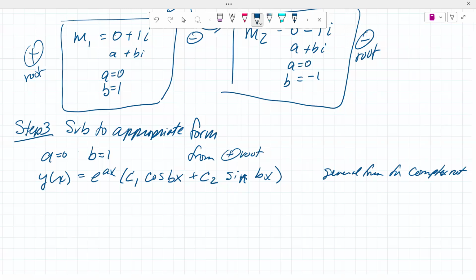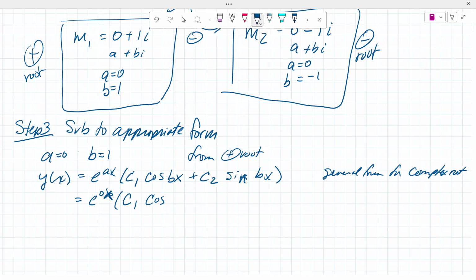And next what we do is go ahead and sub in e to the, what's a? It's 0, so e to the 0x. Sorry, that keeps going weird. C1 cosine b, oh yep, we know what b is.